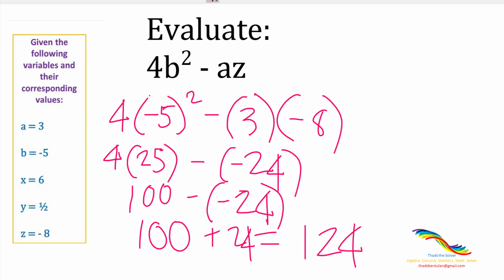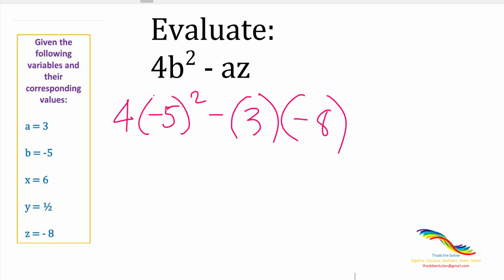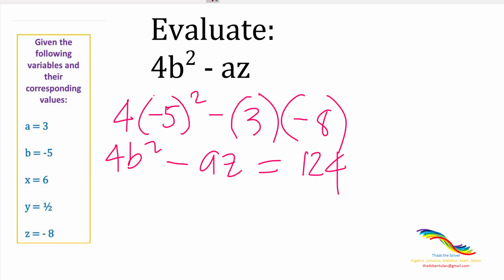So let us summarize. 4b squared minus az, and we substitute the values of b, a, and z. We simplify, and it becomes 4b squared minus az equals 124. That's what we obtained.